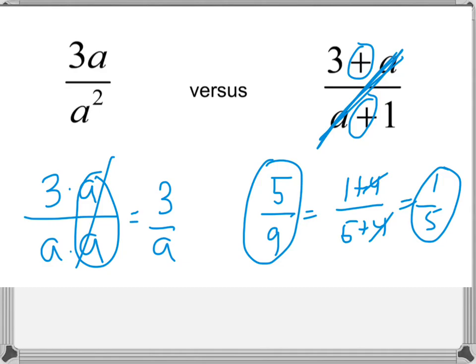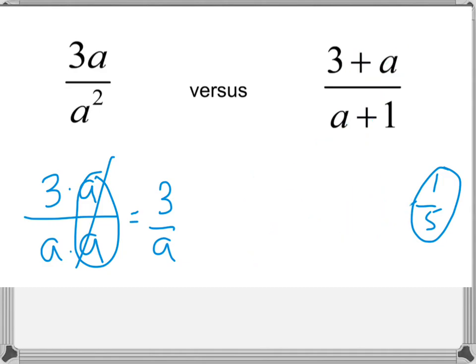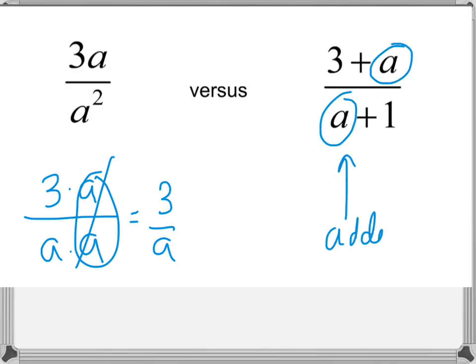So you canceled in the incorrect way, and you got something that wasn't an equivalent fraction in the end. So do not make the mistake of canceling when there's addition. These are not factors, these are add-ins. You're allowed to cancel common factors. You can't cancel common add-ins.